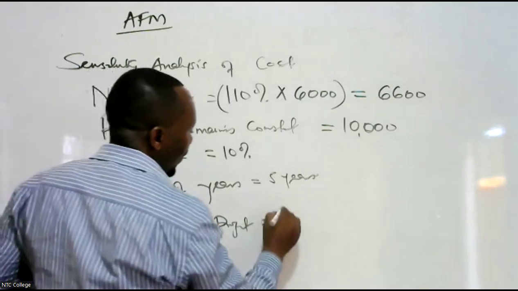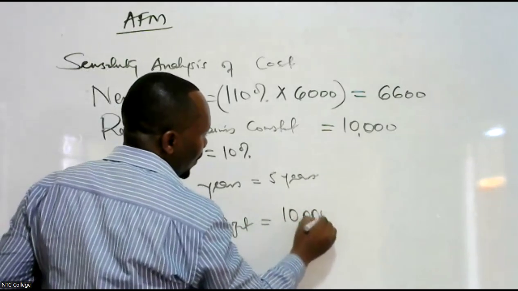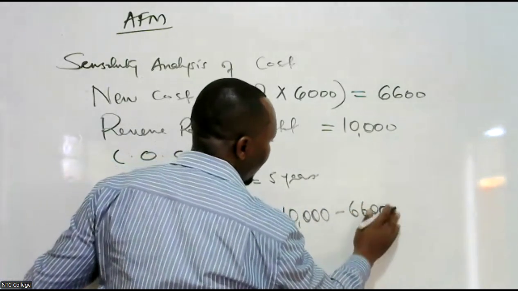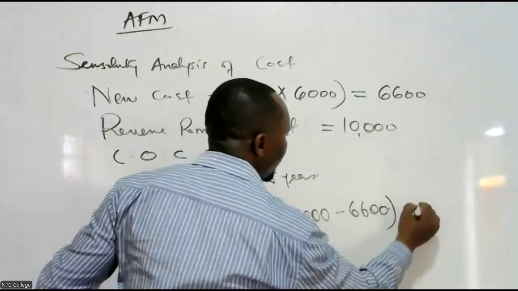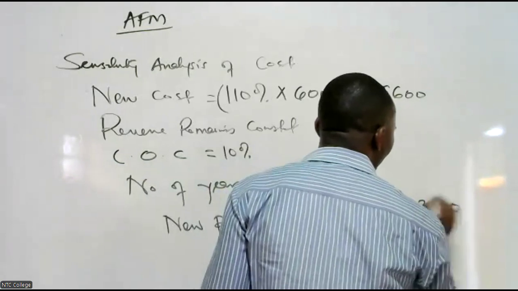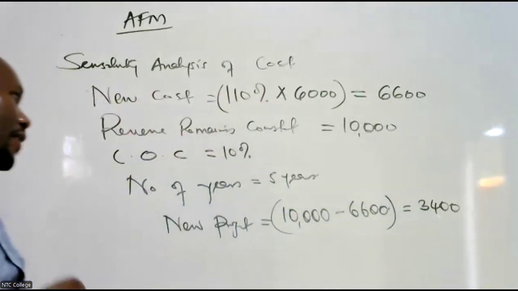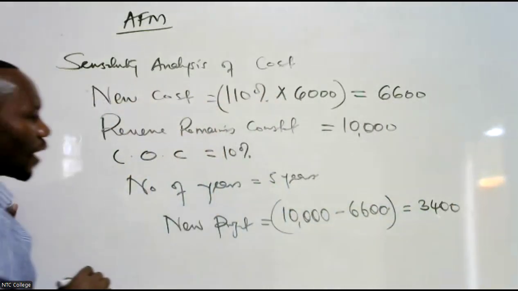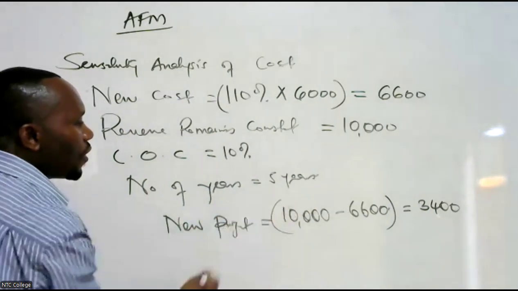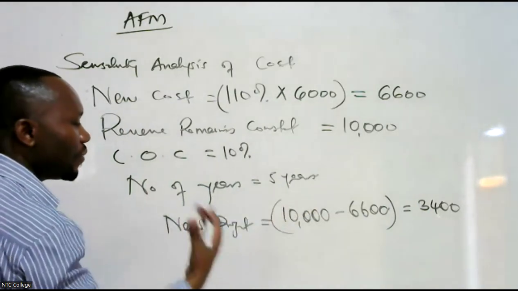Therefore, we can say that now our new profit is 10,000 minus the cost, which is 6,600, and that gives you 3,400. That is the profit. Profit goes down. We can now calculate our NPV, and we say that this profit is the same as the free cash flow because we don't have tax, we don't have depreciation.